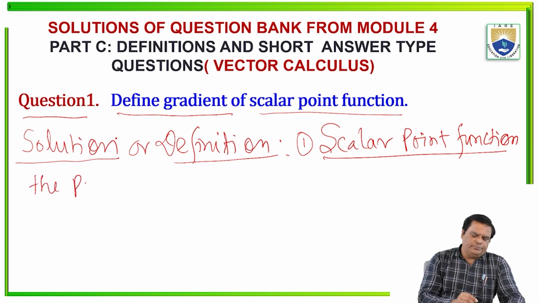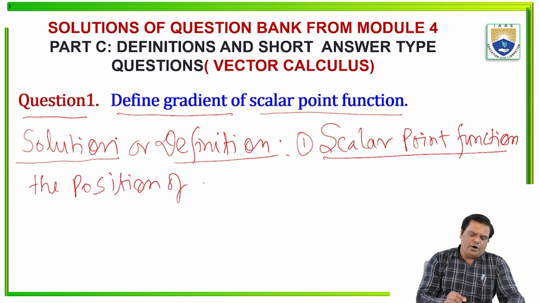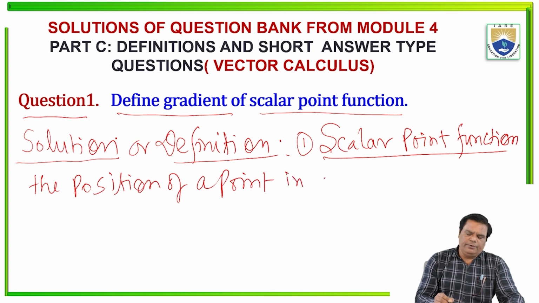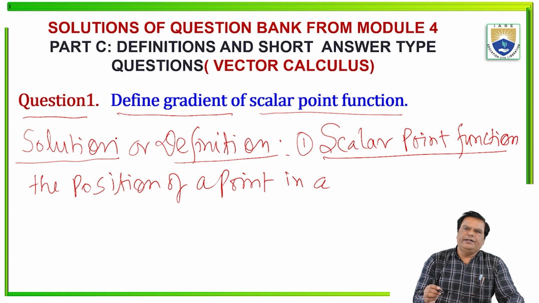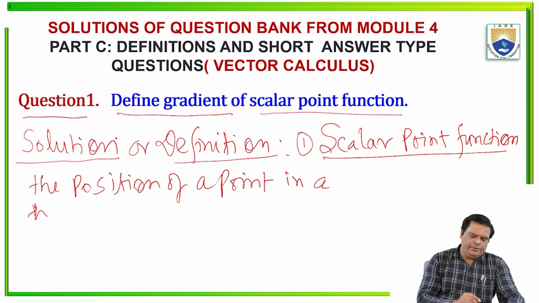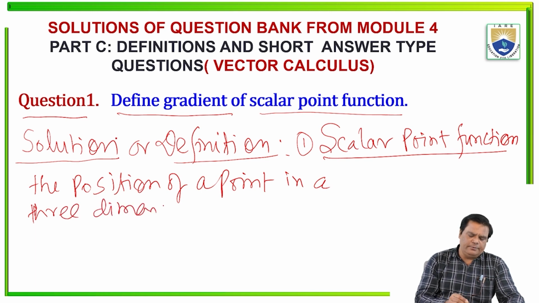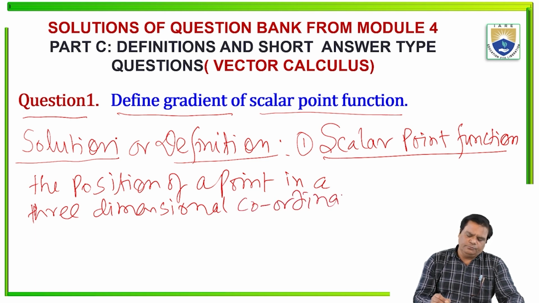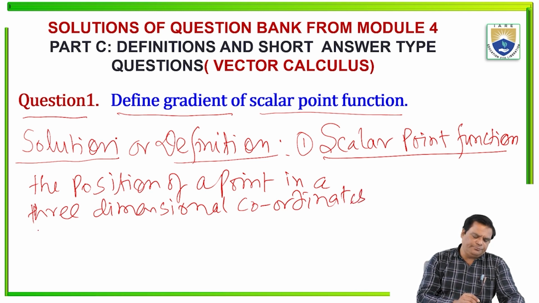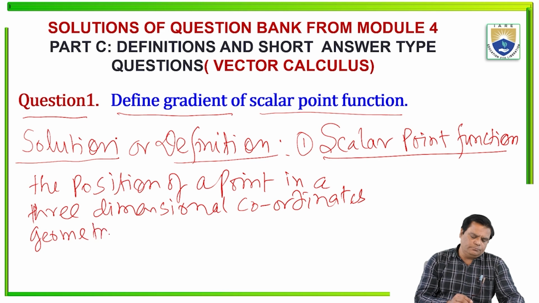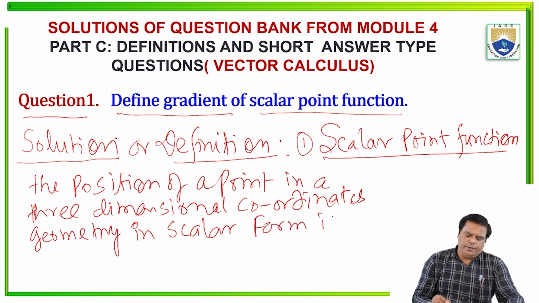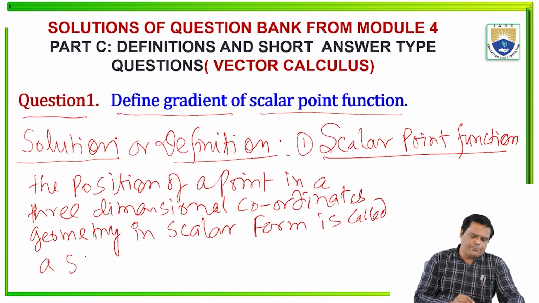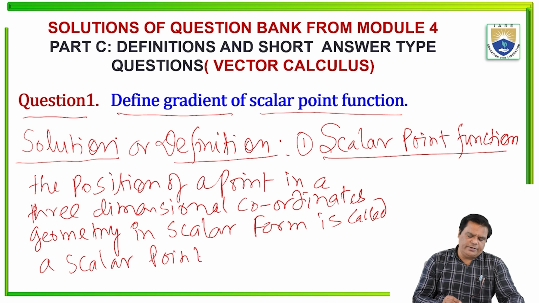The position of a point in three-dimensional coordinate geometry, in scalar form, is called a scalar point function.